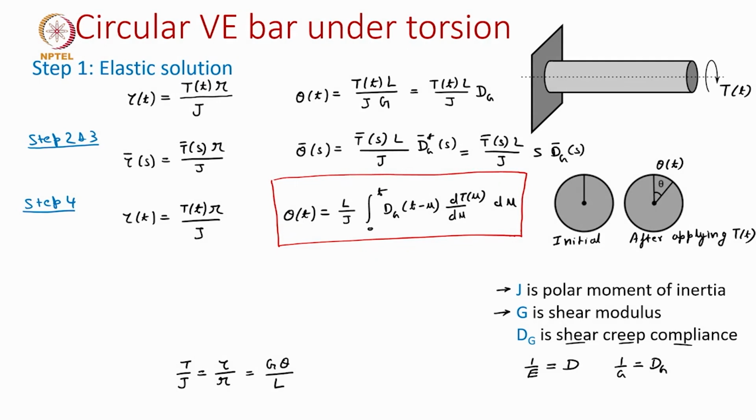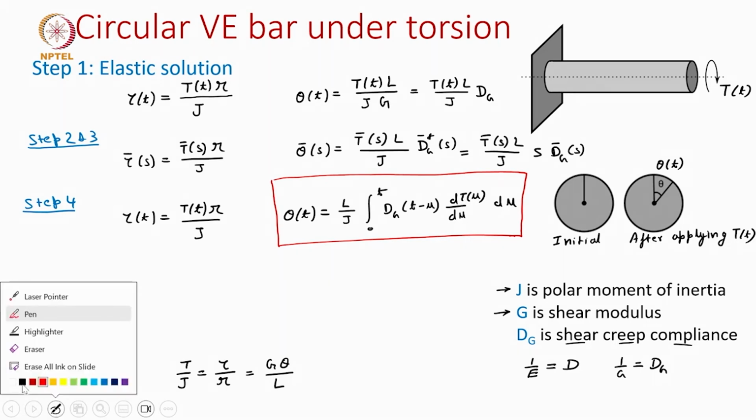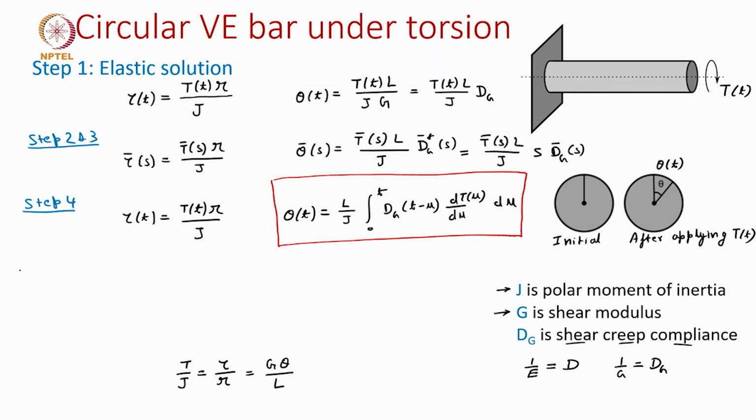Now, let us do a very small example to quickly apply these equations and see how they are used. So, we are looking at, let us say, torque T is T naught times H of t. How do we find the angle theta? So, let us substitute that. We know that dT by du of this applied torque is T naught times the Dirac delta function of u.